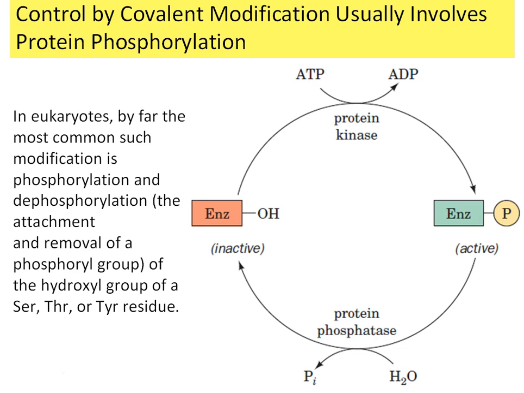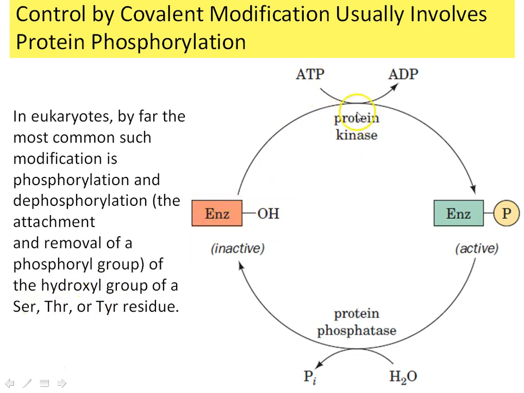In the final count, in eukaryotes, by far the most common modification is the phosphorylation reaction. In other words, the attachment or removal of a phosphate group from a hydroxyl group, for example, from serine, threonine, or tyrosine residues. So I have the enzyme in an inactive form, say, serine with an OH.